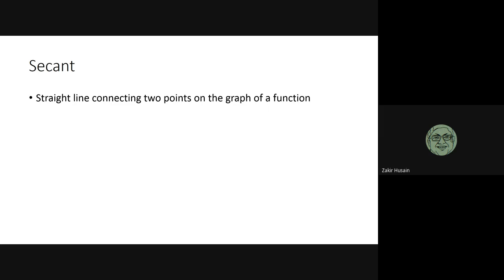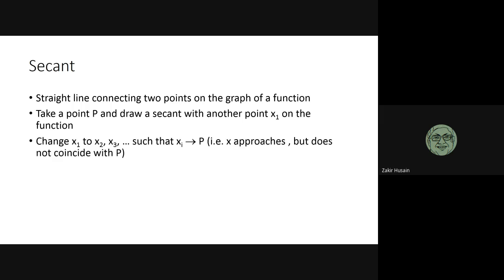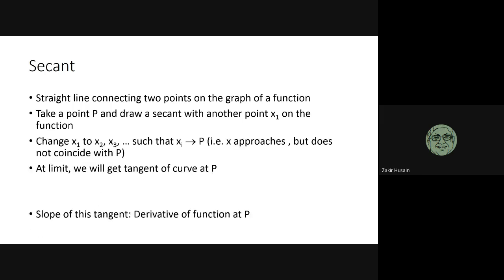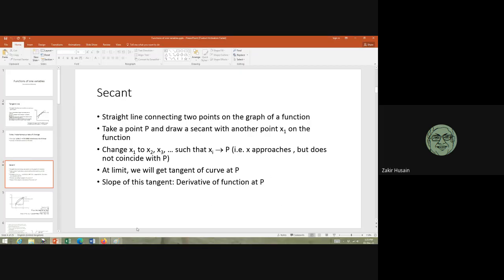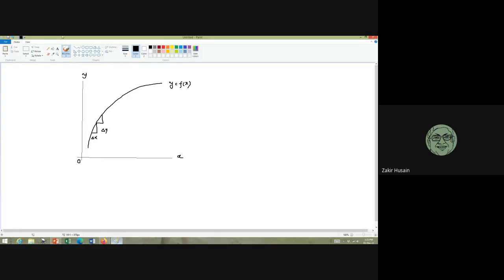Now let us introduce another concept, the concept of secant. A secant is a straight line which connects 2 points on the graph of a function. So we take a point P and draw a secant with another point x1 on the function. Now let's try this.